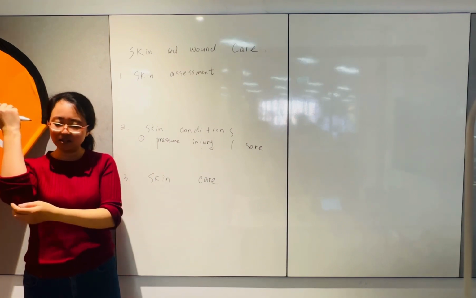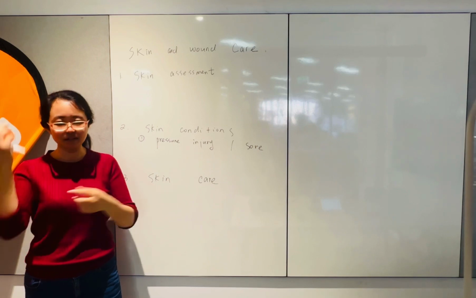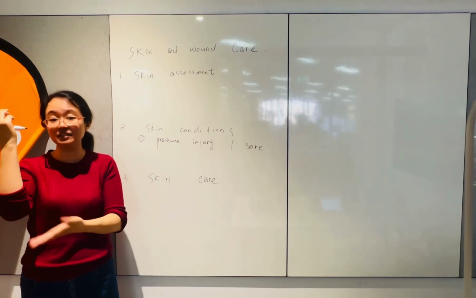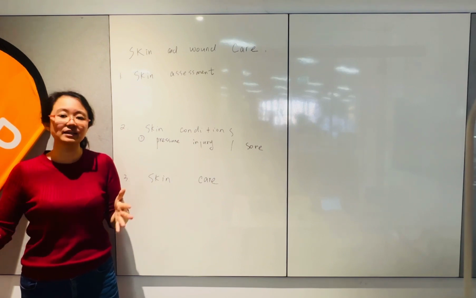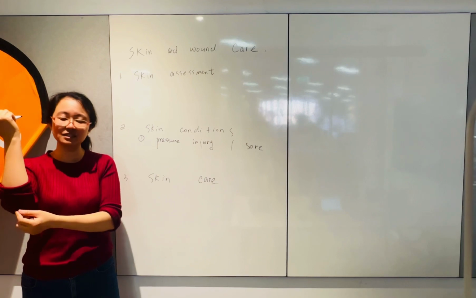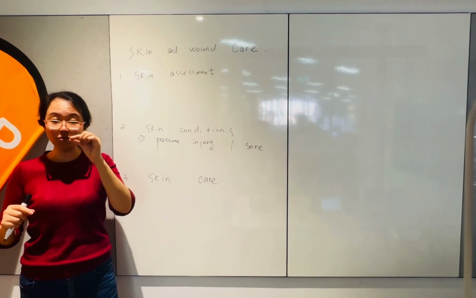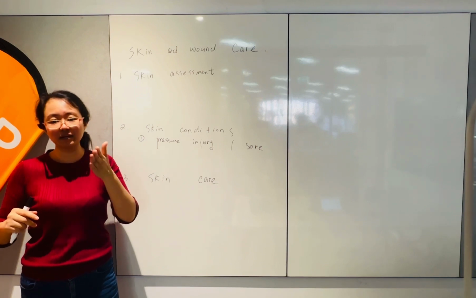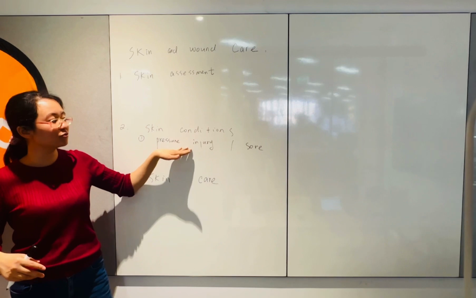Pressure injury has 4 stages. Initially the skin looks red, but it is intact, just red. If you don't take any action, it will develop deeper. The skin starts to break down and form a little hole, an ulcer, and then the ulcer can become deeper and deeper. Altogether, we have 4 stages.